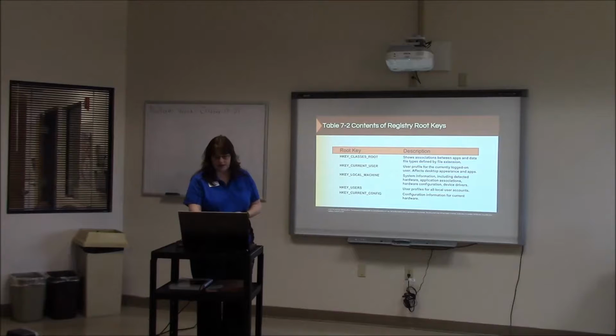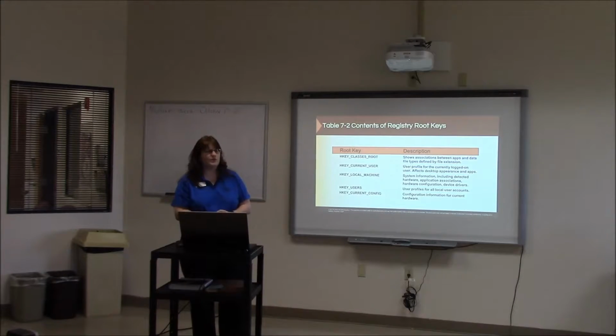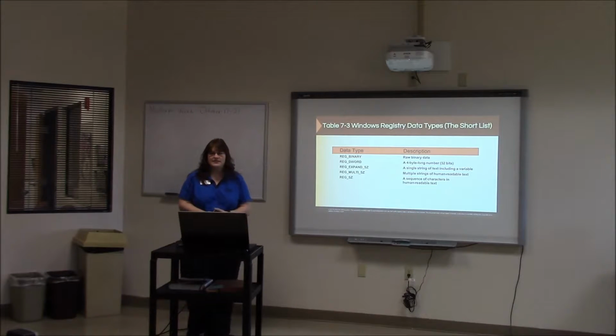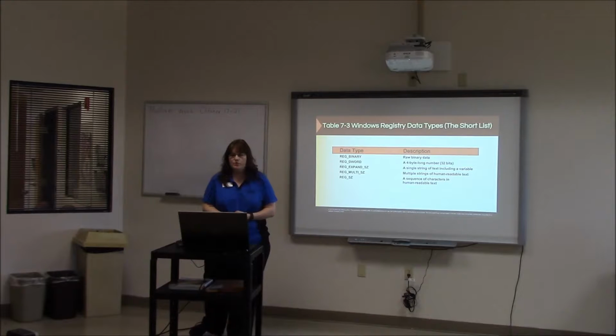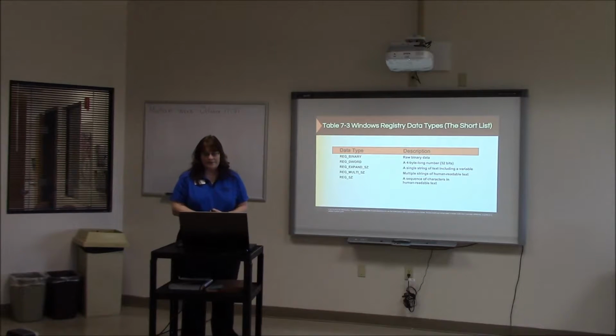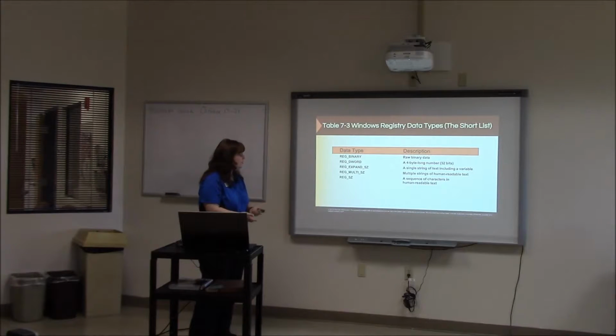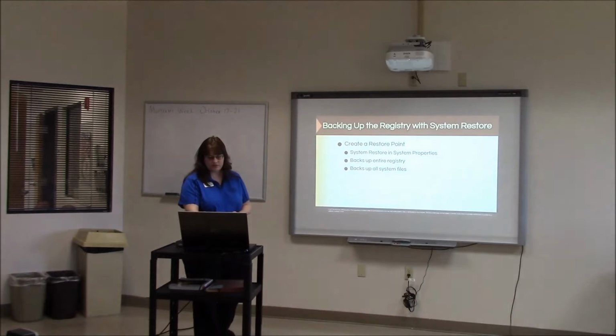I don't know that we're going to get really, really specific on where things are located and stuff, but that's a little outside the scope of the course. When you're playing in the registry, you'll see different kinds of data types. Raw binary data, a string of text, multiple strings of text, or a sequence of characters that are readable to human beings, not computers.